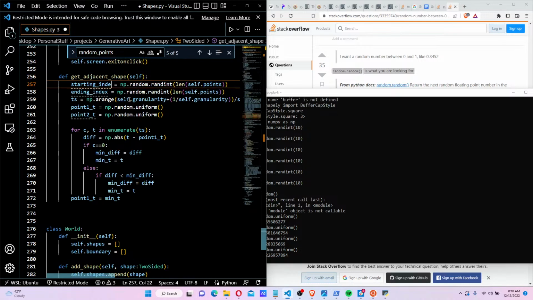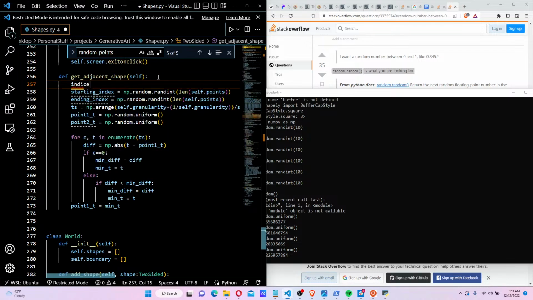I'm just gonna call this starting point, and it should be a random index. Okay, so starting index is equal to that, ending index is equal to that. Let's just do indices is equal to this thing.